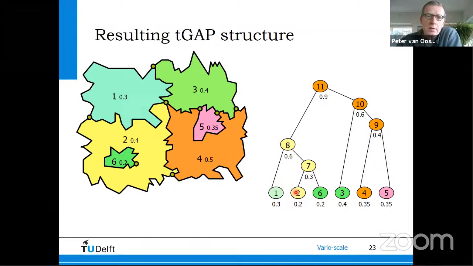Object 7 exists between 0.2 and 0.3, and after that it was merged with object 1 and it stopped to exist, and we got a new object, object 8. And so with these numbers we know in which importance interval which object should be shown on the map.